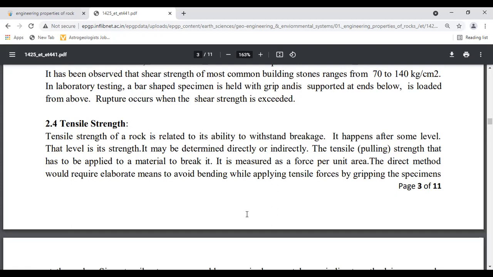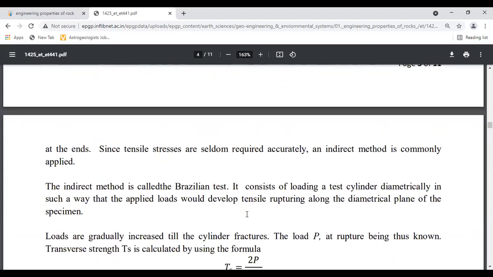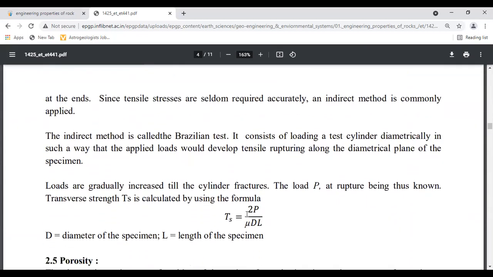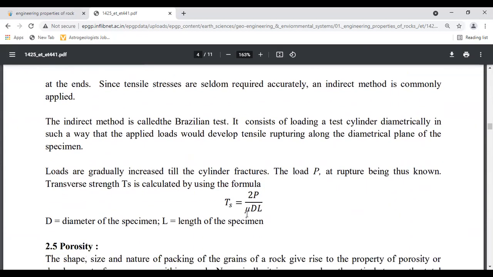The direct method would require elaborate means to avoid bending while applying tensile forces by gripping the specimens at the ends. Since tensile stresses are seldom required accurately, an indirect method is commonly applied. The indirect method is called the Brazilian test.